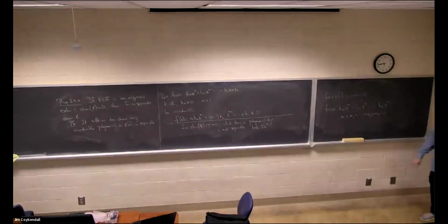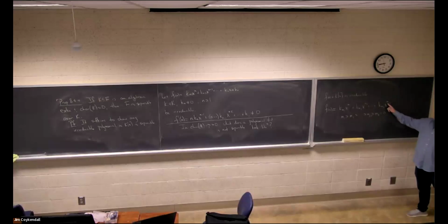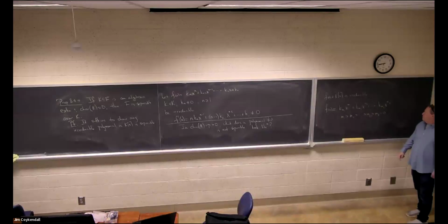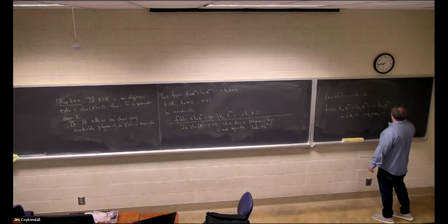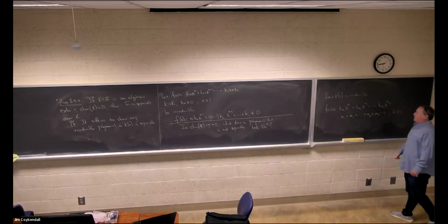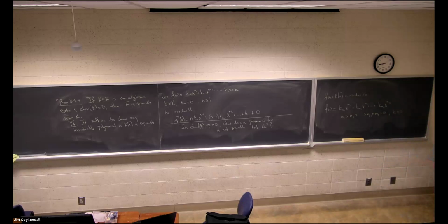I did after all say it's irreducible, so I would want that exponent to be 0. And we'll have the K_i's not 0, so we're not wasting our time with 0. And somebody described to me, p divides all the exponents. Yeah, it's exactly right.